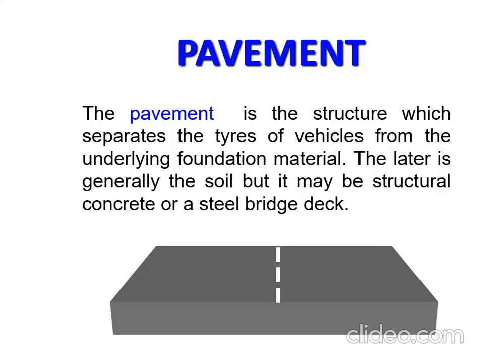One is a structural overlay, and the other is a functional overlay. We'll discuss this later in this class, because even during this introduction. So you can have an extra layer of pavement on the existing pavement, obviously with something you have to do about the old pavement.